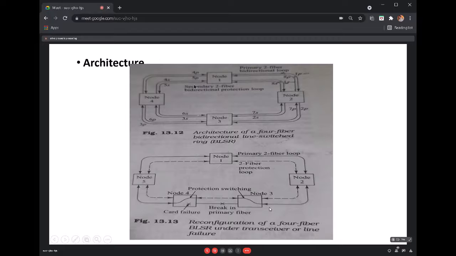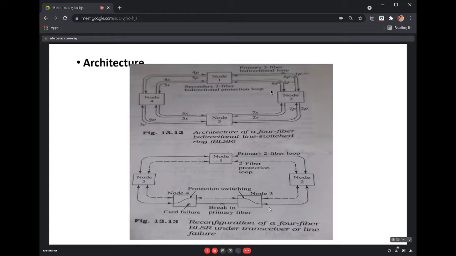Imagine only four nodes are there, connected by a single cable running around. That is the primary path. Say it transmits in the clockwise direction. The protection path will be in the reverse direction. That is the general idea.